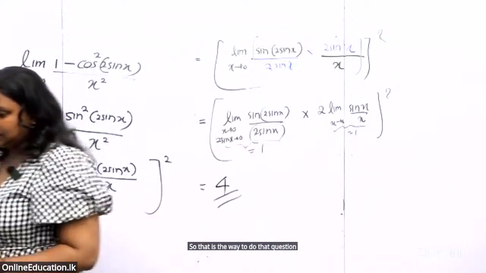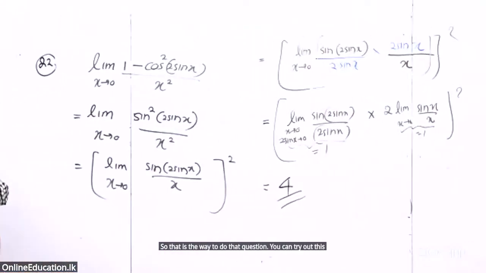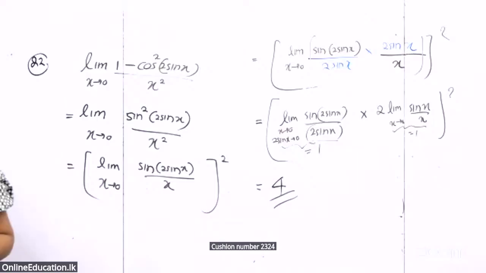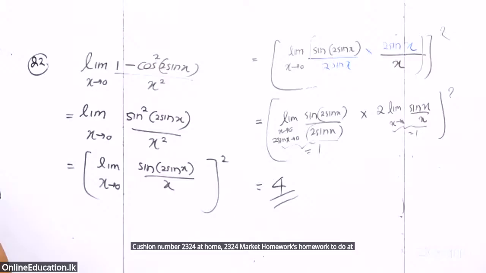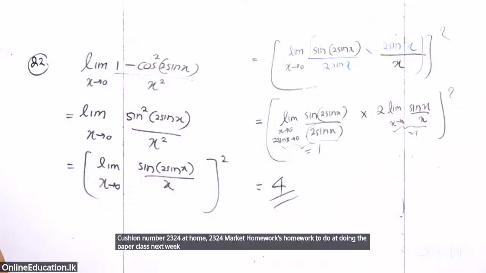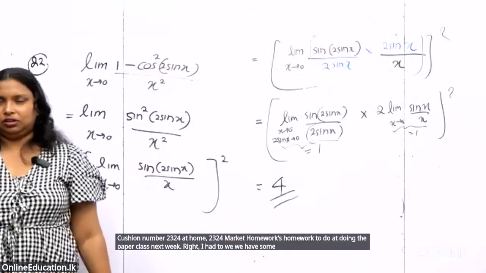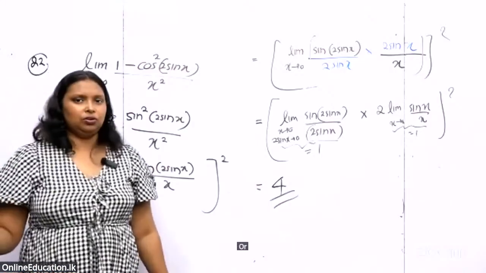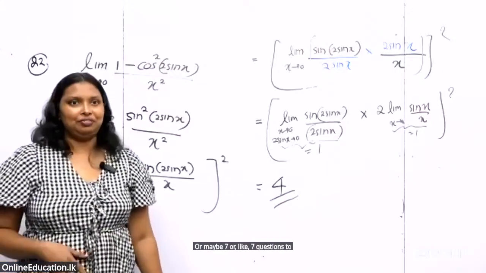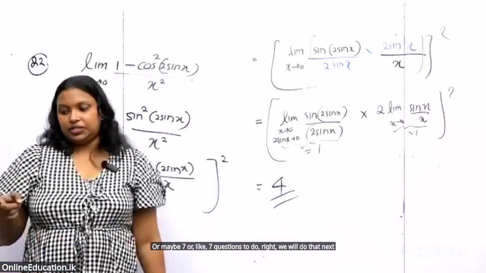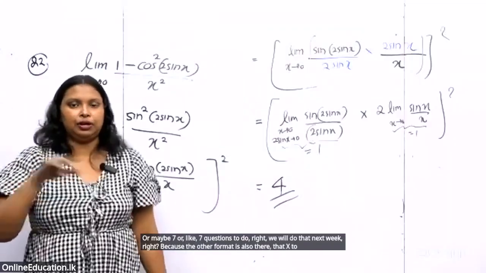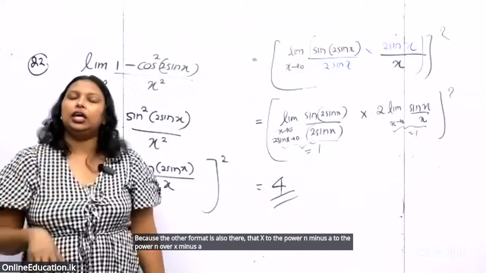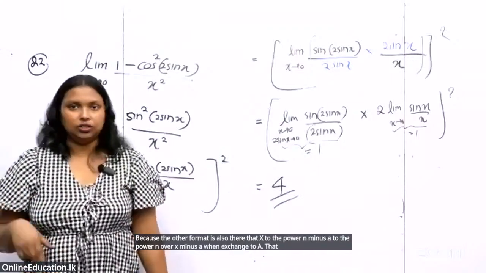You can try out question number 23-24 at home. Mark 23-24 as homework, to do in the paper class next week. We have some 5 or 6, maybe 7 questions to do, right? We will do that next week, because the other format is also there, that x to the power n minus a to the power n over x minus a when x tends to a. That format is also there in those questions.